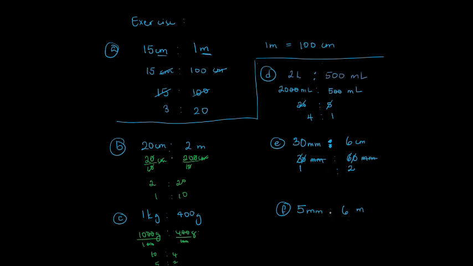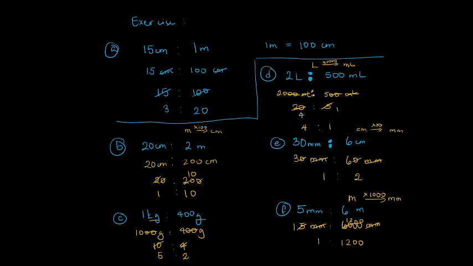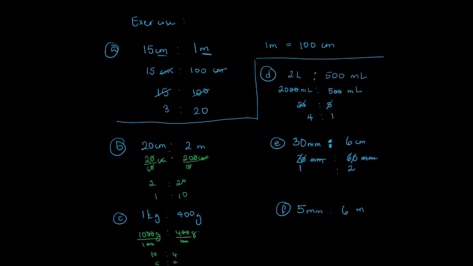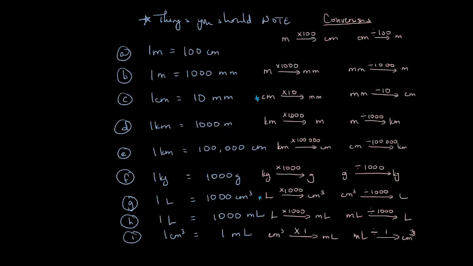Okay, and look at this now. We have 5 millimeters and 6 meters. So millimeters is smaller than 6 meters, and we know that millimeters can go into the meters. So we're going to just convert the meters. When we have meters now, we want to convert meters to millimeters.